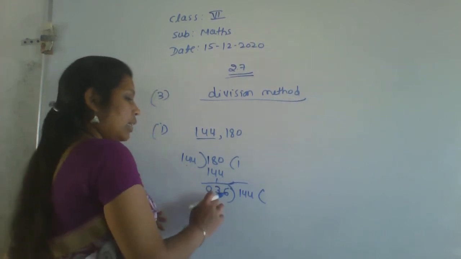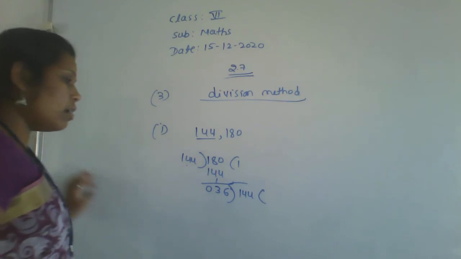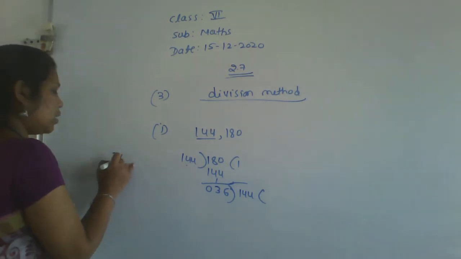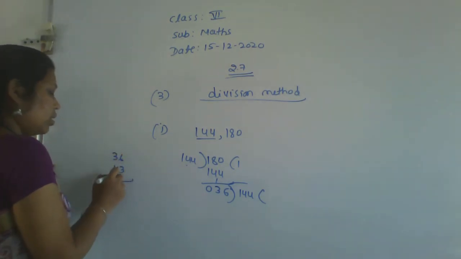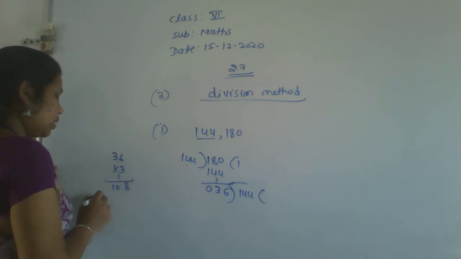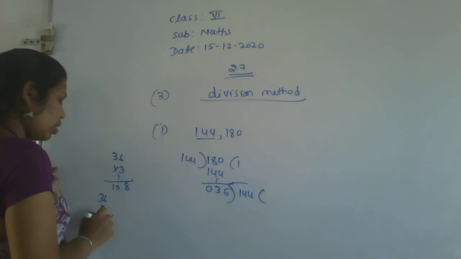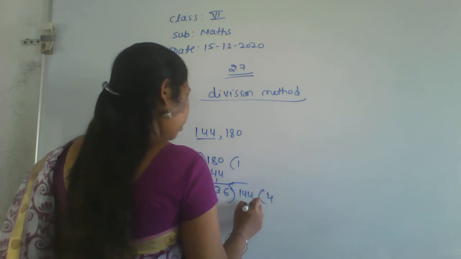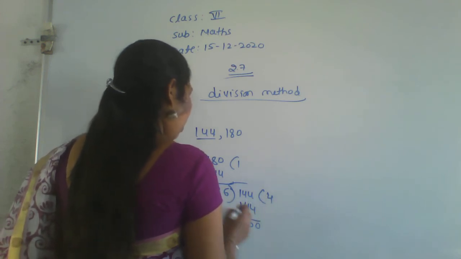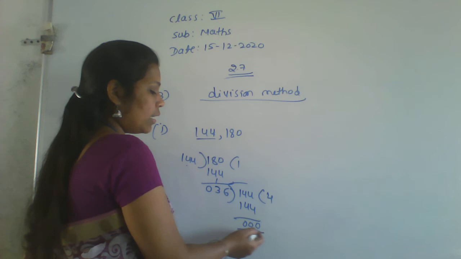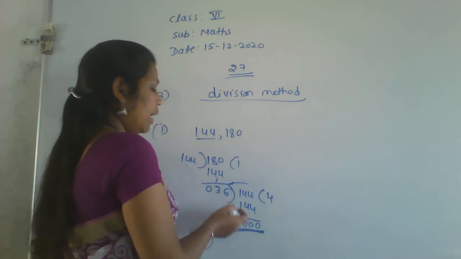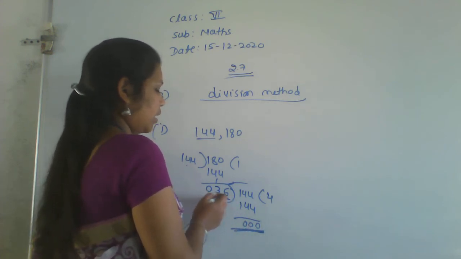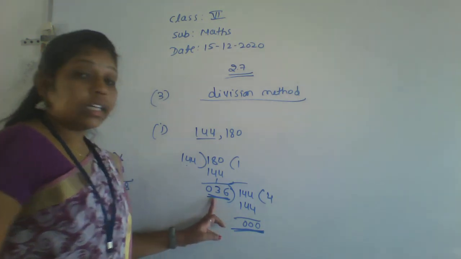So here 36, how much do we have to take? 36 3s are 108, 36 4s are 144. Here we get the remainder as 0. Check what the divisor is here. The divisor is 36.